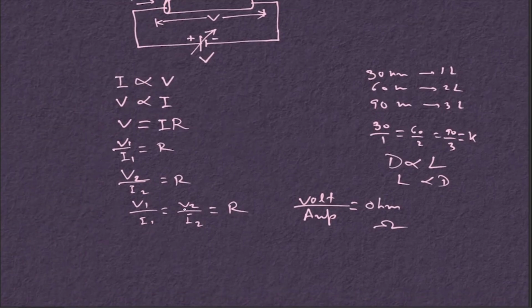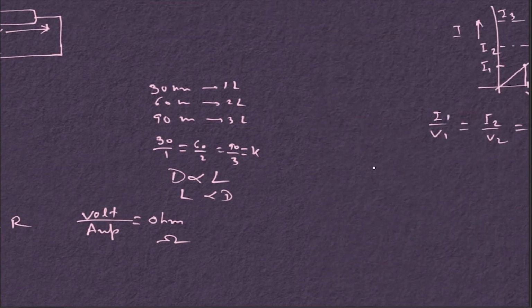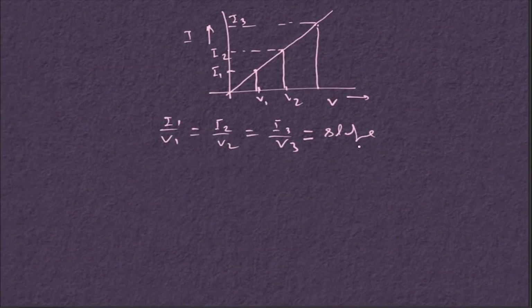V1 by I1 is equal to V2 by I2, which is equal to R. So I by V will be 1 by R: I1 by V1 is equal to I2 by V2, which is equal to 1 by R. R is the resistance. So from this graph we can also find the value of resistance. Slope is equal to 1 by R, so R is equal to 1 by slope.